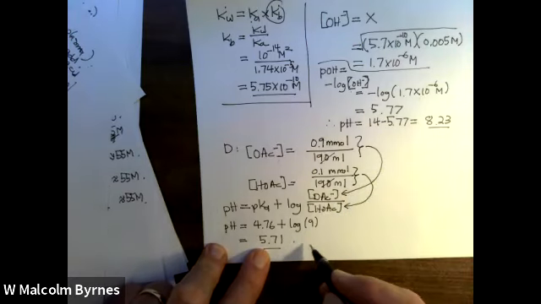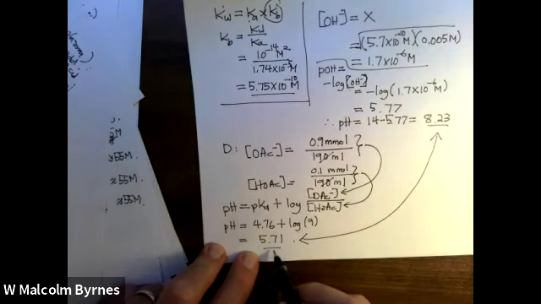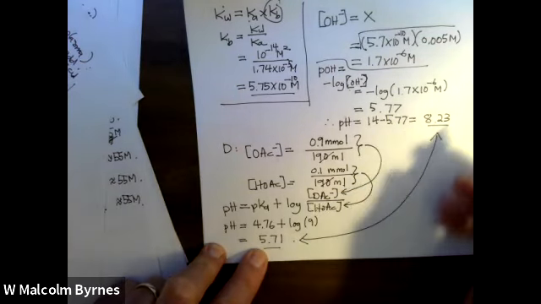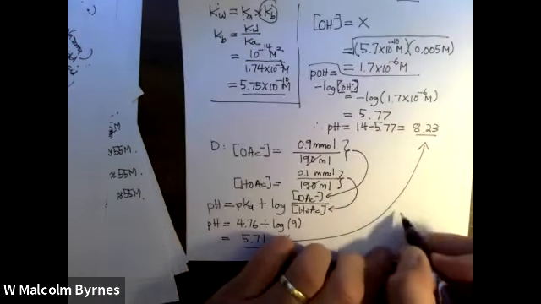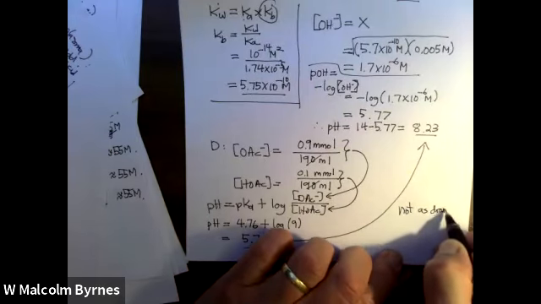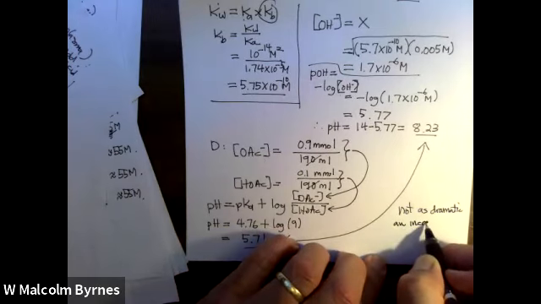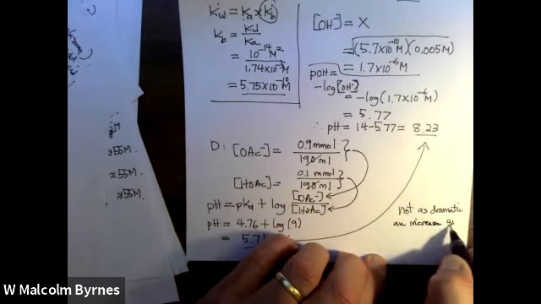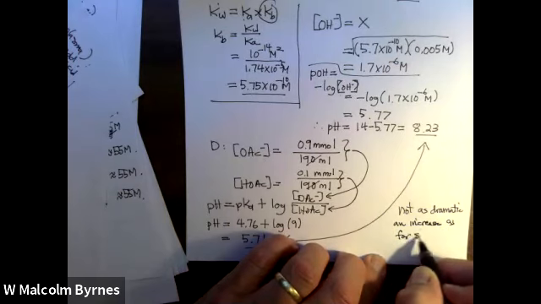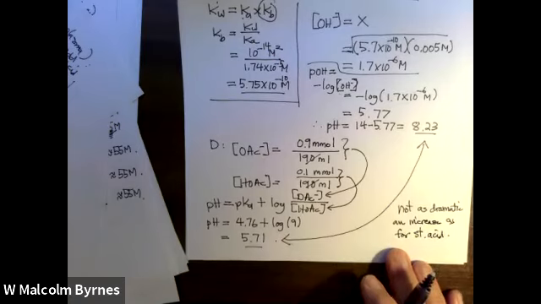And this movement from 5.71 at 90% titrated to 8.23 is not nearly as dramatic an increase as for the titration of a strong acid.